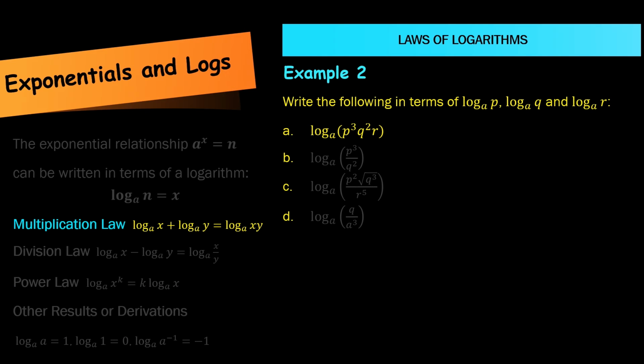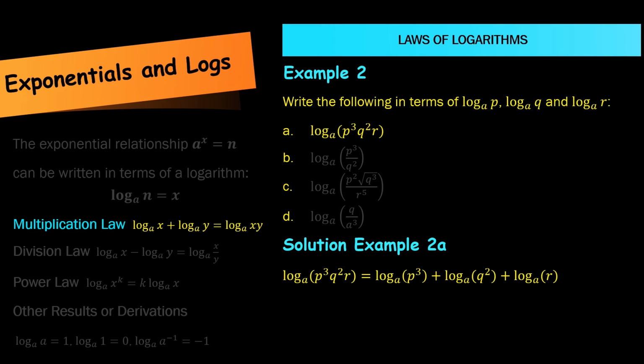So let's solve example 2 part A first. We are required to write log p cubed q squared r base a in terms of log p base a, log q base a, and log r base a. So let's solve this.